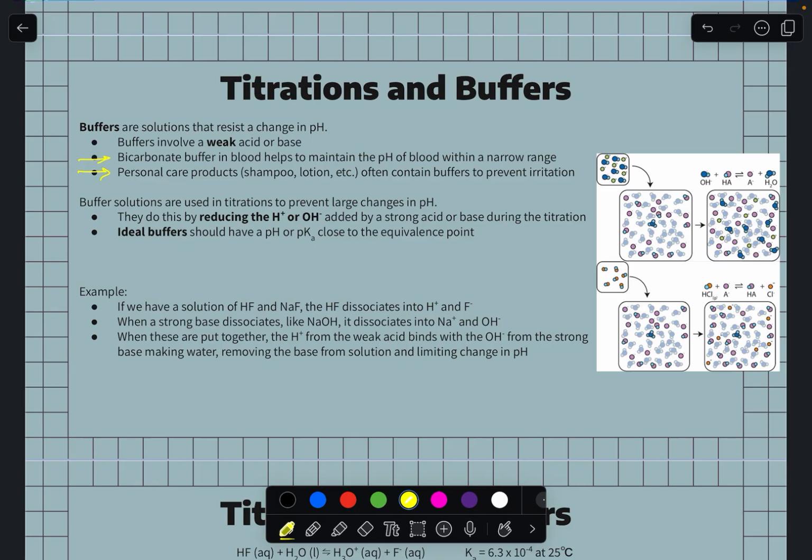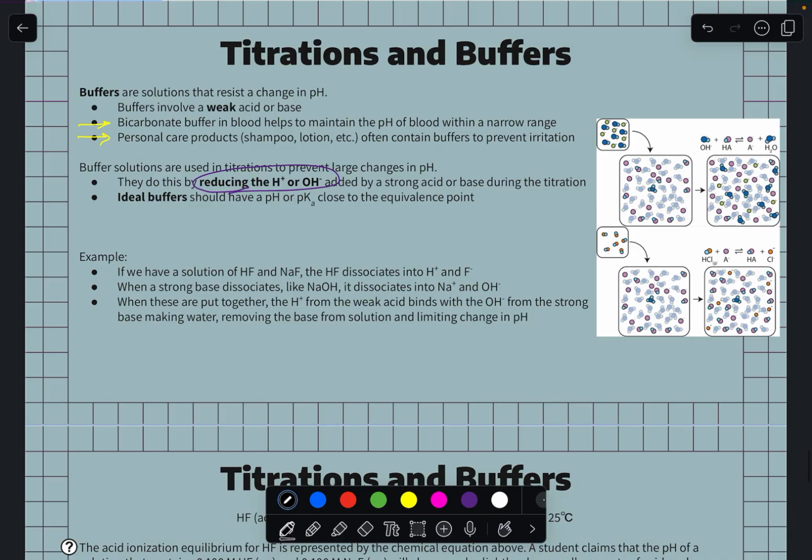Okay, so they do this by reducing either the H plus or OH minus that's added. So it's essentially just taking it up so that the H plus and OH minus is no longer in solution, so it can't affect the pH as strongly. Okay, the ideal buffer should have a pH or pKa close to your equivalence point.